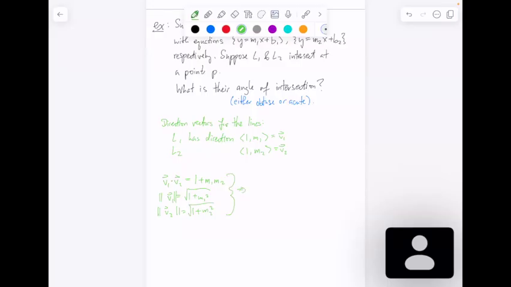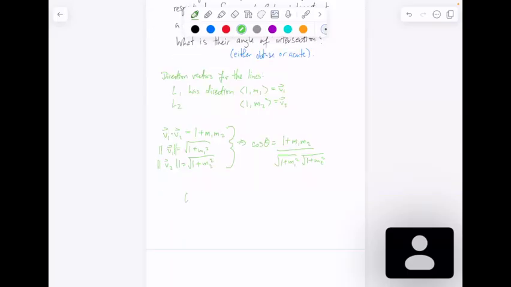And so cosine of theta must be equal to the dot product over the product of these magnitudes, and theta is going to be arc cosine of 1 plus m1 m2 over these quantities here.